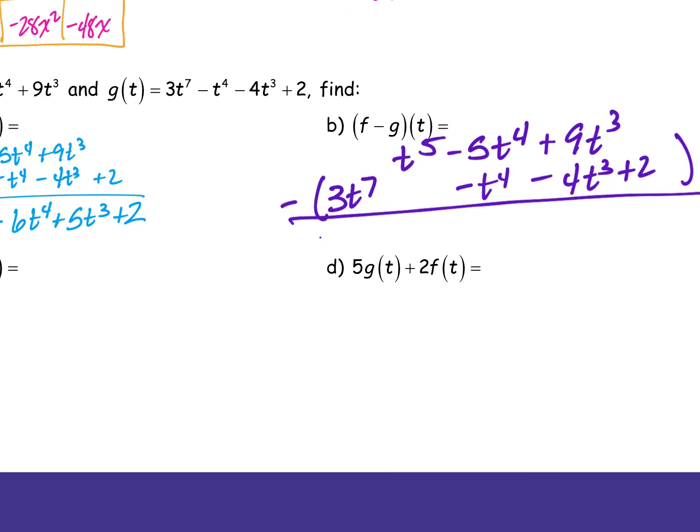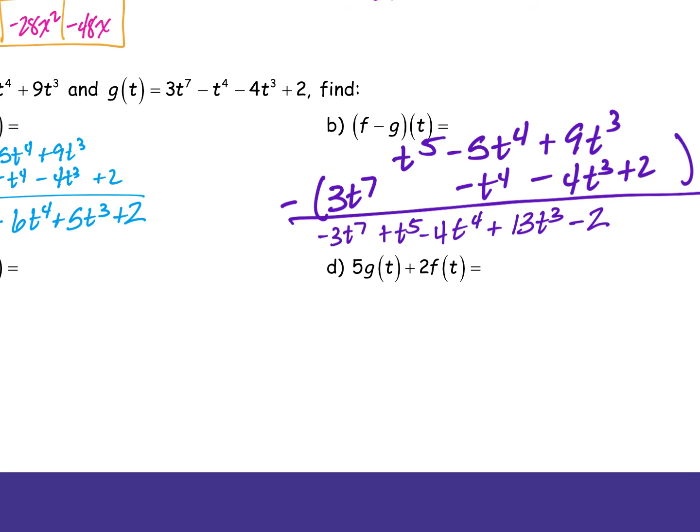So that should give me negative 3t to the 7th plus t to the 5th minus, that's a plus, so that would be minus 4t to the 4th plus 13t cubed minus 2. Oh, no. Boy, I added really well there. That's a plus, right? So minus 4t to the 4th, because 5 plus 1 is not 1.